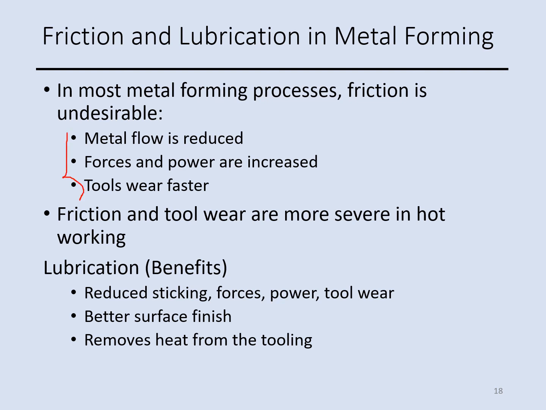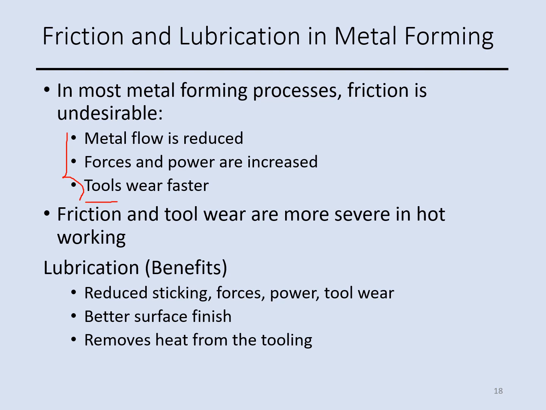Metal flow is reduced, force and power will go up if you have friction, and you will have wearing in the tool, so the life of the tool is reduced.